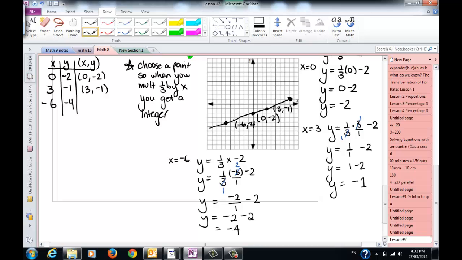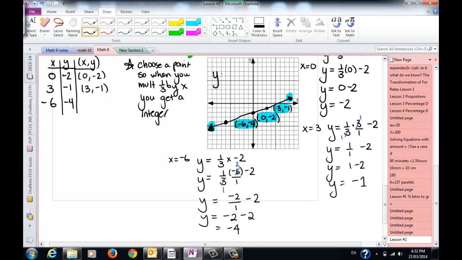I've got to get my arrowheads on there. Okay, so notice, oh, I forgot a little bracket there. Everything's labeled. My points are all labeled. My arrowhead's on there. The last thing I need to do is write the equation on here. Y equals 1/3 x minus 2. And I've got everything on here.